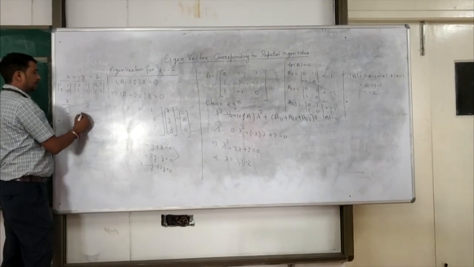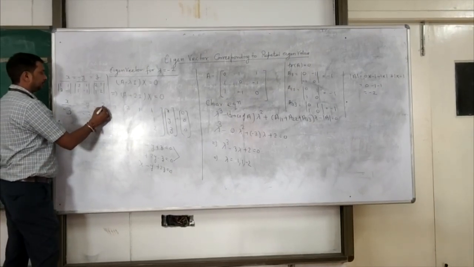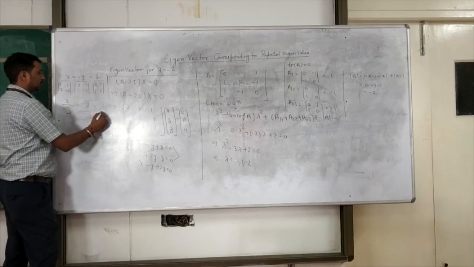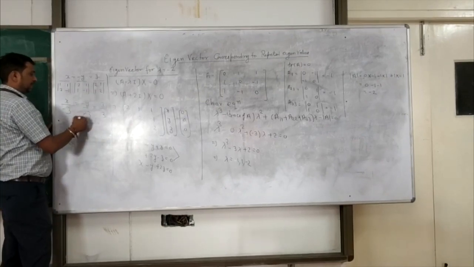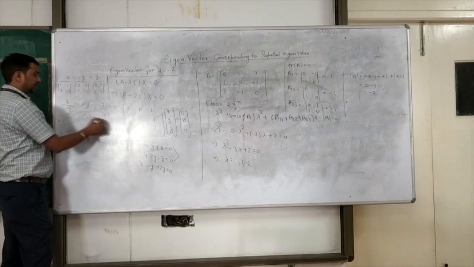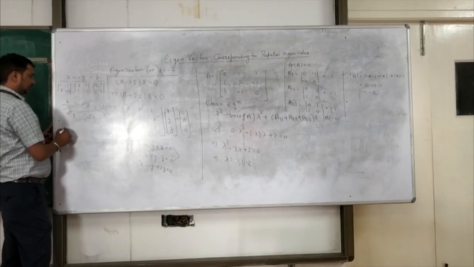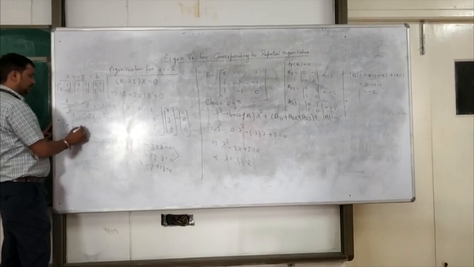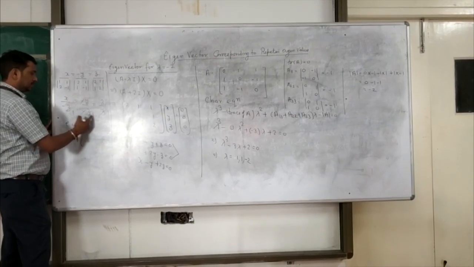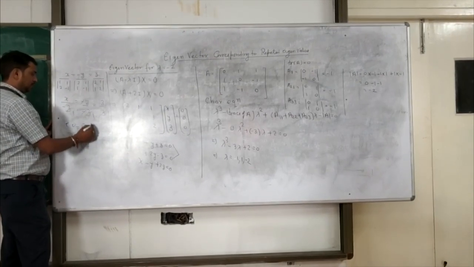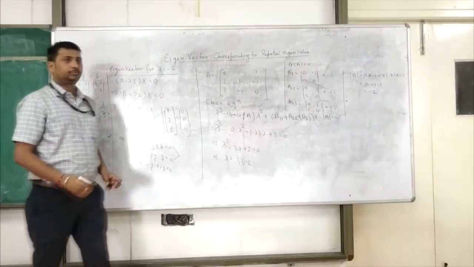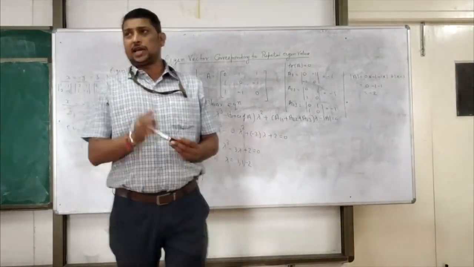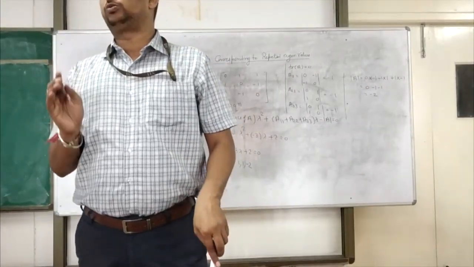Minus 2 minus 1 means minus 3. So minus cancelled out with minus, 3 and 3. What is the eigenvector? Minus 1, 1, 1. Any doubt?